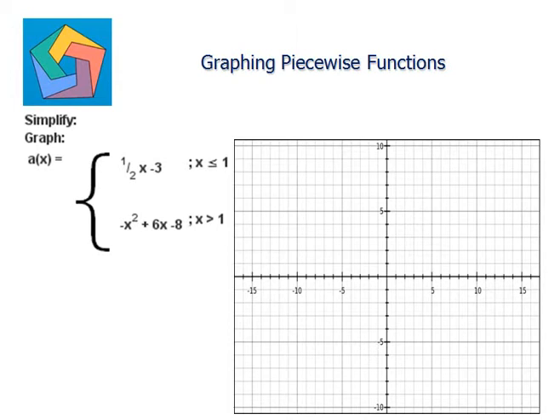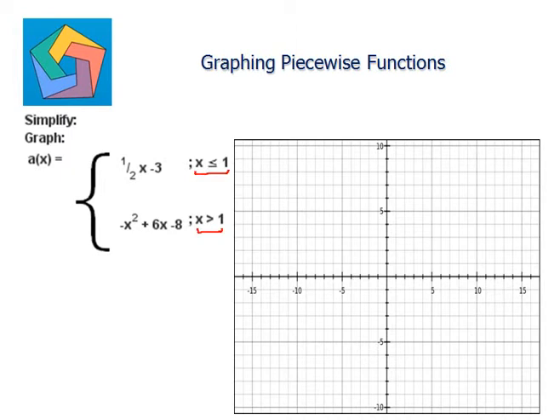Now when we are graphing piecewise functions, this x less than or equal to 1 and x greater than 1 specifies the domain of the function. 1/2 x minus 3 is a linear function and negative x squared plus 6x minus 8 is a quadratic function. So the domain for this linear function will be less than or equal to 1 and for the quadratic will be greater than 1.